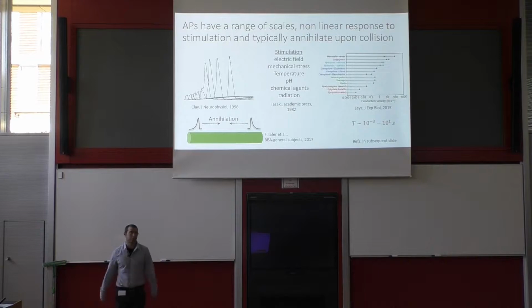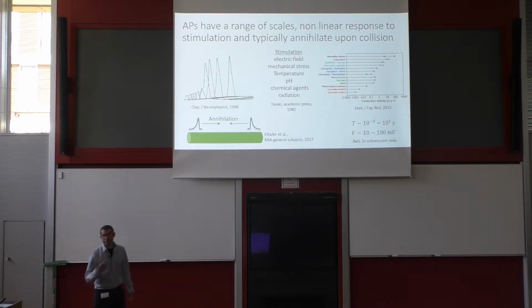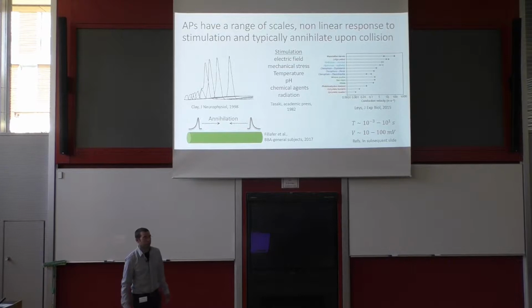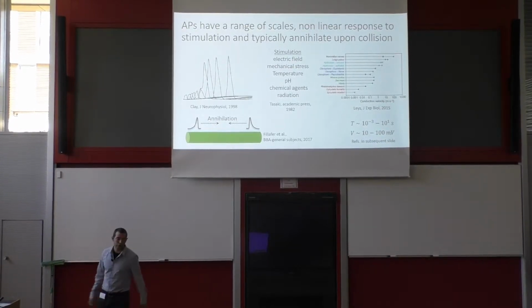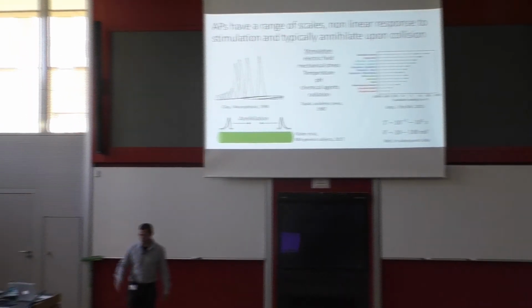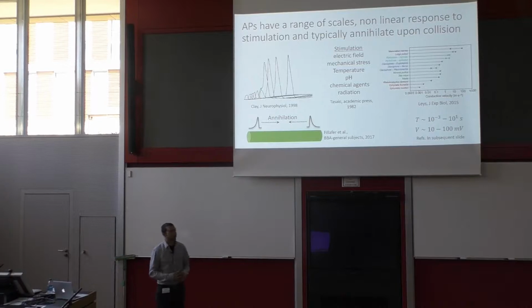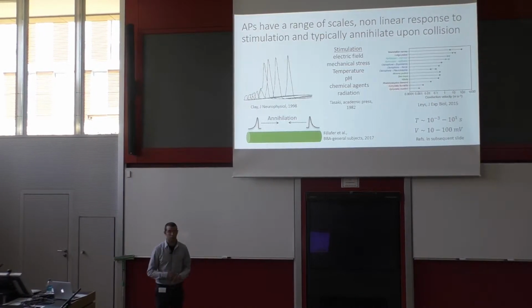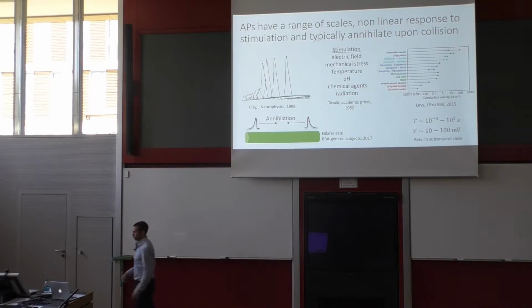The shortest action potentials last a millisecond, while the longest last tens of seconds. And there's also the voltage scale of both the resting potential and the pulse amplitude, and in all action potentials in all cells, these are of the order of 10 to 100 millivolts, plus or minus. I'm showing you all of these key experimental observations, and I will show in this talk how acoustic pulses in lipids share the same properties, and we will discuss how these scales arise.